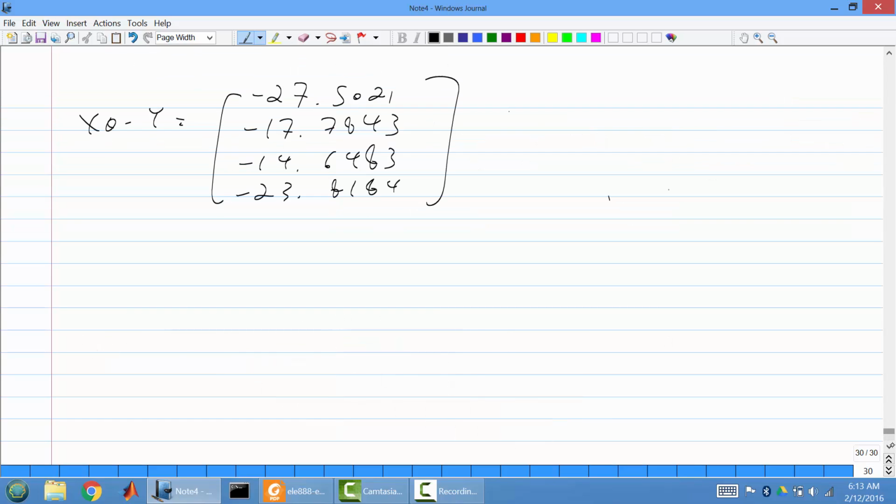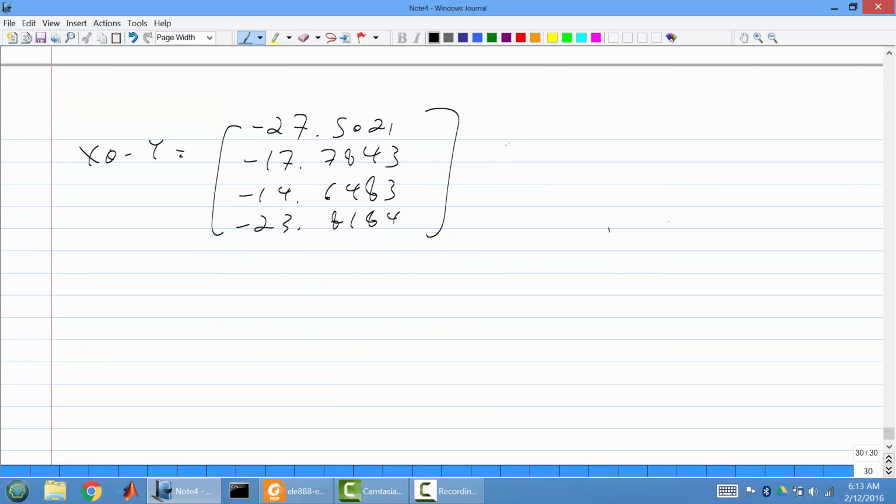Okay, so this is what that would be, and then if you want to compute the cost, it's just taking every single one of these values, squaring and summing them together, and dividing by 2 times m, which is 8 in our case.